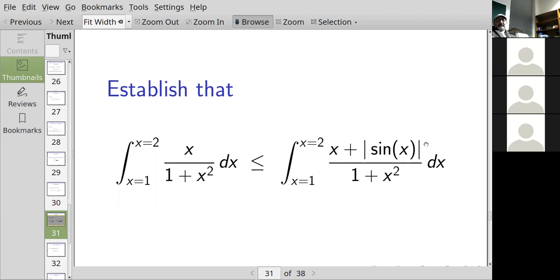If I compare the two functions, the numerator on the right is always bigger than or equal to the numerator on the left, and the denominators are the same. So the integrand on the right-hand side always takes greater values on the interval from 1 to 2 than the integrand on the left-hand side. So the area under the curve on the right should be greater than or equal to the area under the graph of the function on the left.